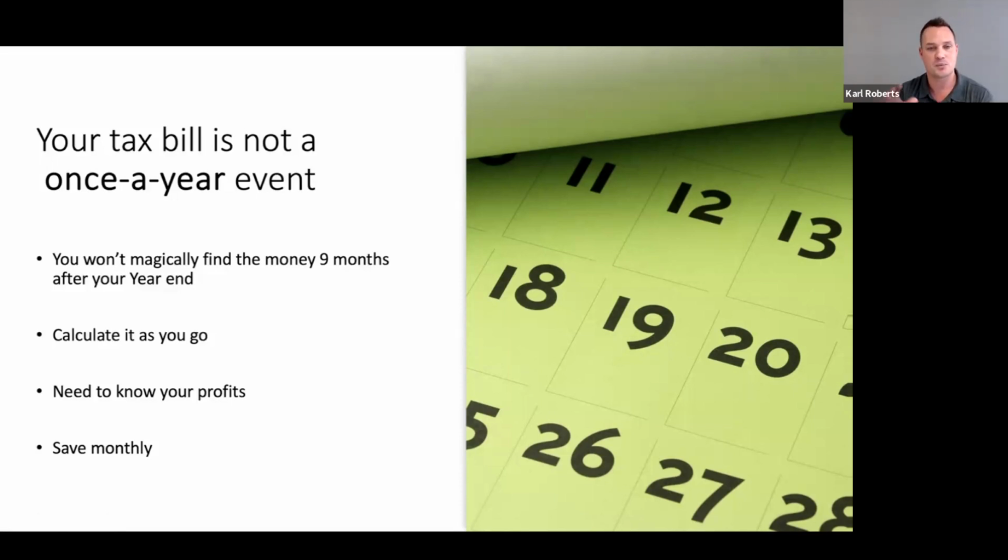The phrase I like to use, just to get that point across for the personal drawings, is when you take your dividends, there's tax in it. There's tax in it. It's not the net pay. Okay, you've got to remember that the tax is in that dividend, and you need a system to calculate what that tax might be, so you get an estimate so you can build up over the year and not get caught out when tax payment time comes.